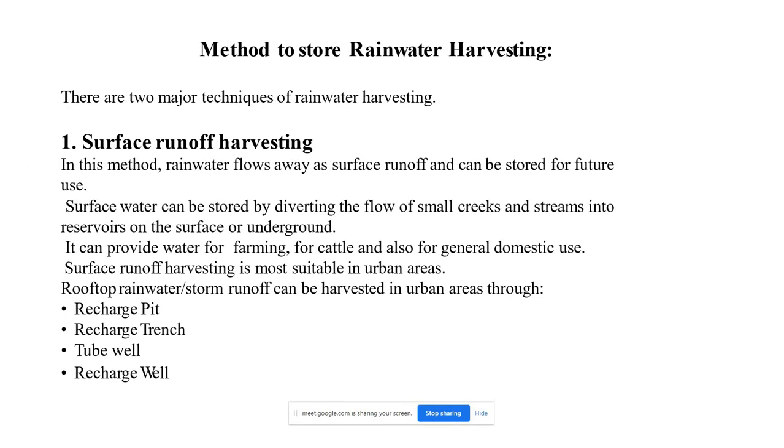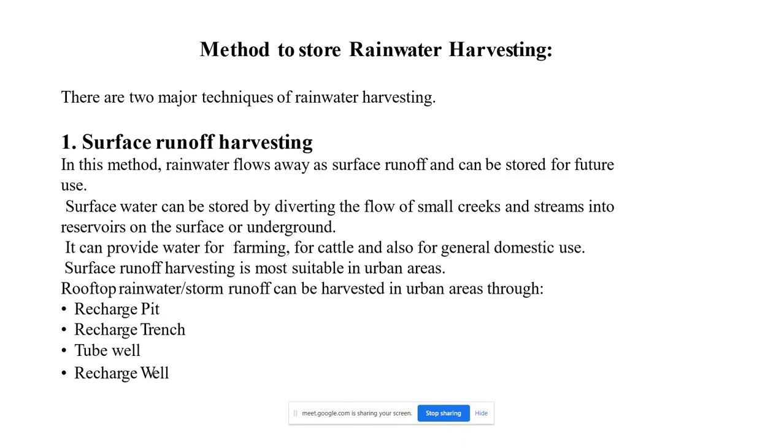First one is surface runoff harvesting, and I explained it. So I will go to the next topic. At many places where groundwater is not available, rainwater harvesting is very important. Storing rainwater is environment friendly.